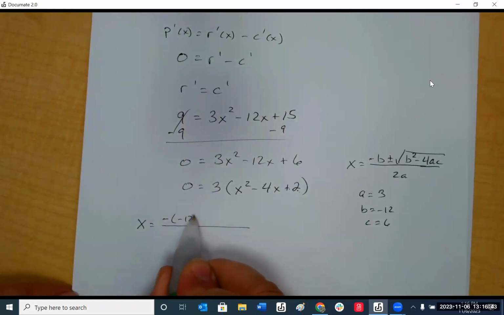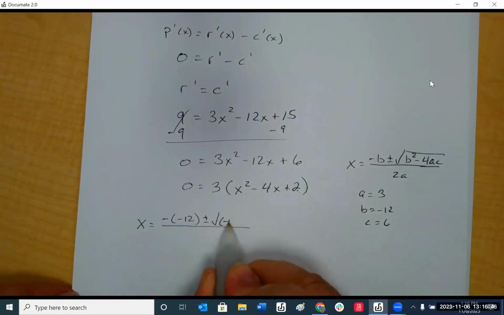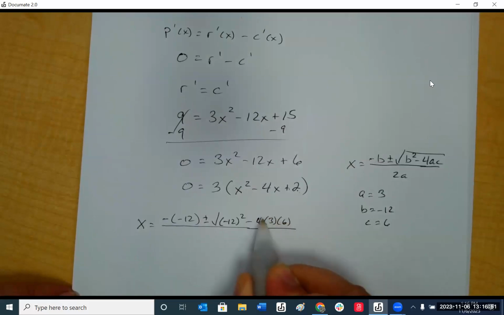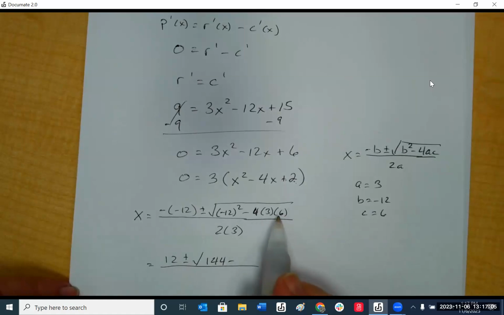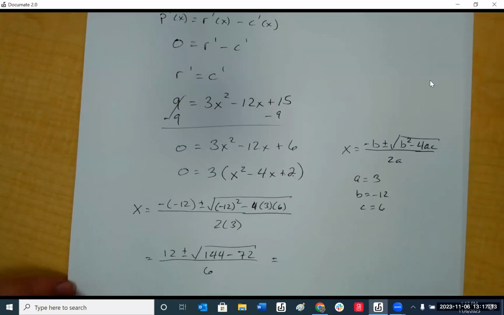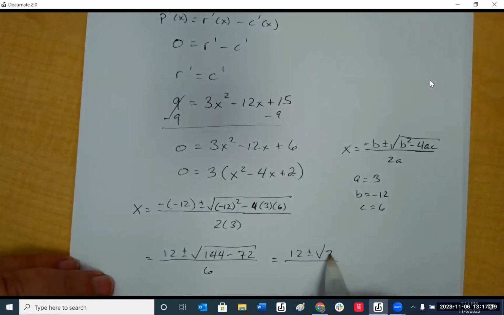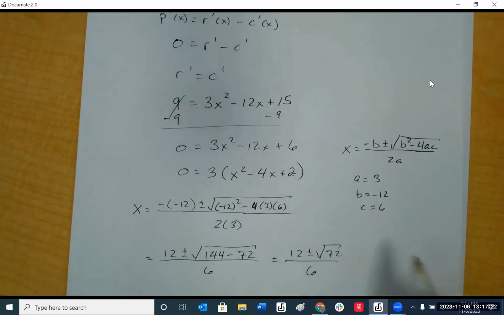So negative of negative 12 plus or minus the square root of negative 12 squared minus 4AC, over 2A. Well, plus or minus radical 72 over 6.